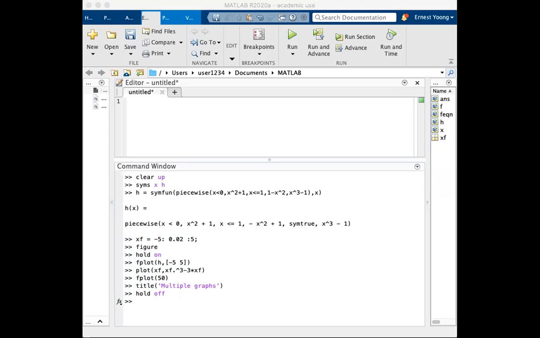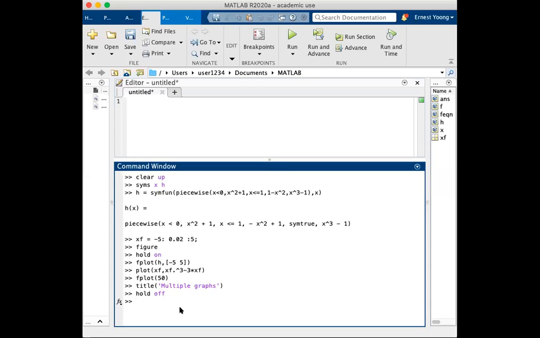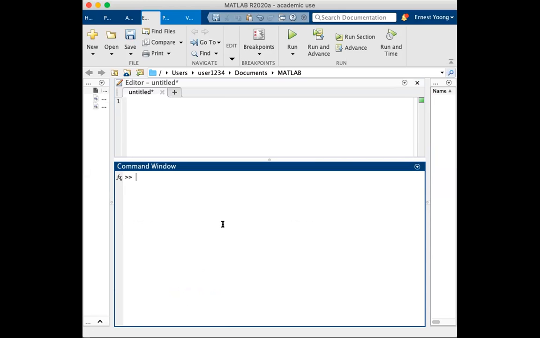And next thing, we're going to go for verifying identity. Sometimes we have a trigonometric identity, like sine squared x plus cos squared x is equal to 1.